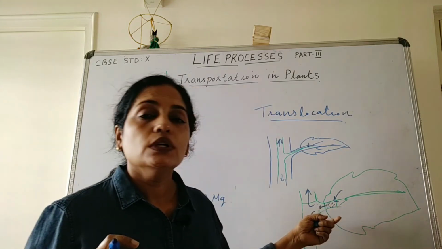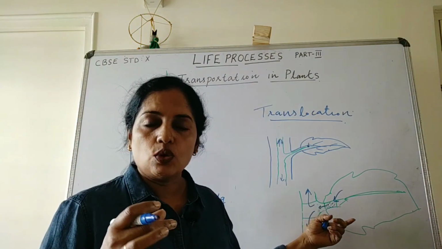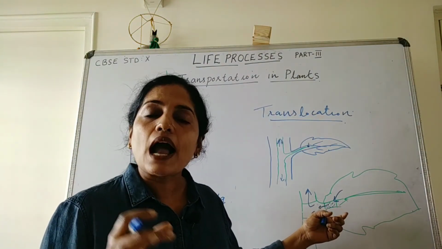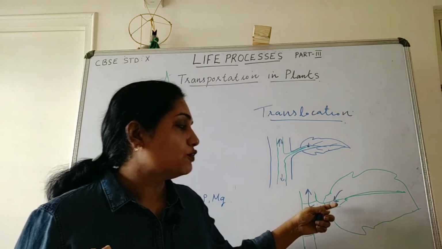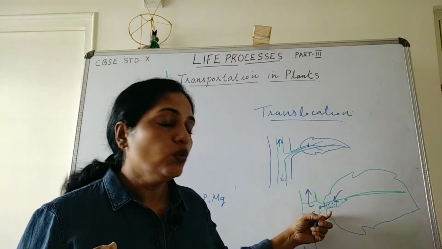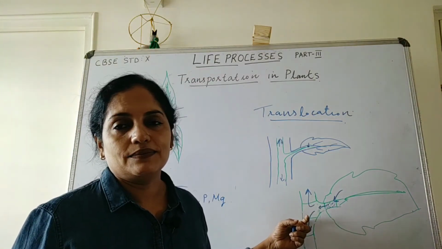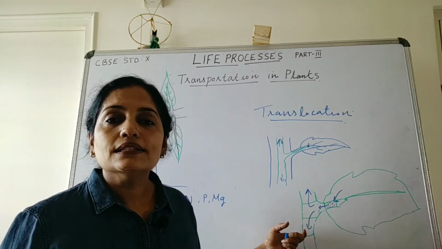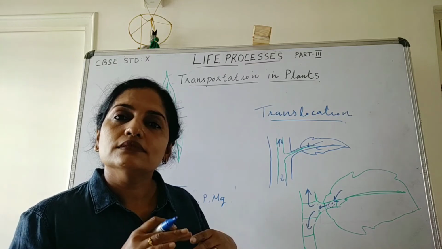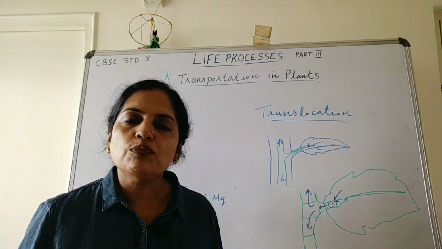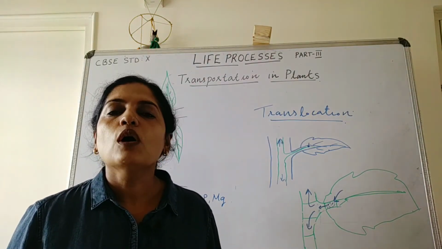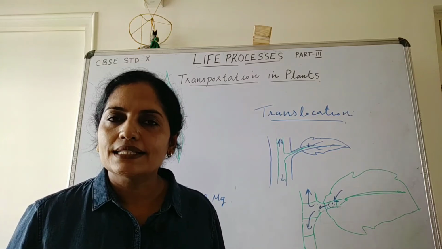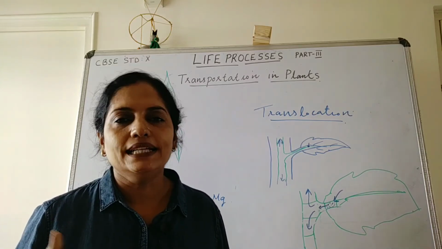In order to create a balance, or in order to remove this high osmotic pressure, the food particles move to the adjacent cell, and at last the food particles reach the site of requirement. With the help of osmosis, phloem moves food materials according to the plant's need.